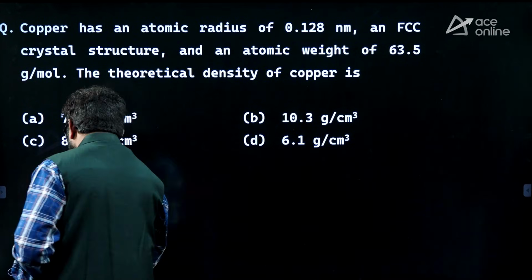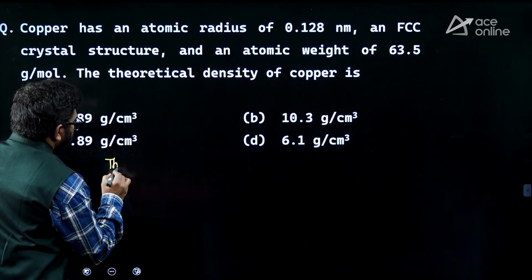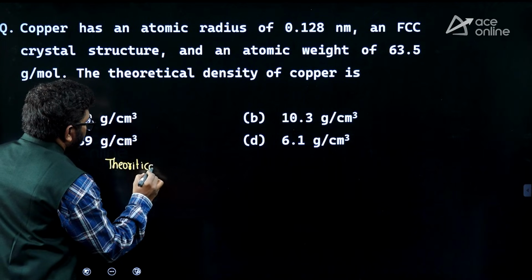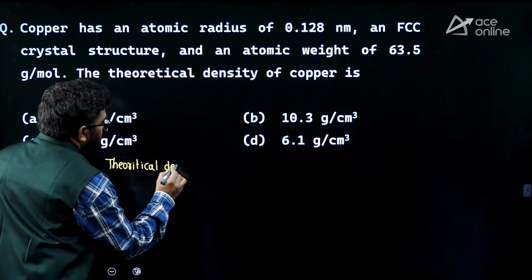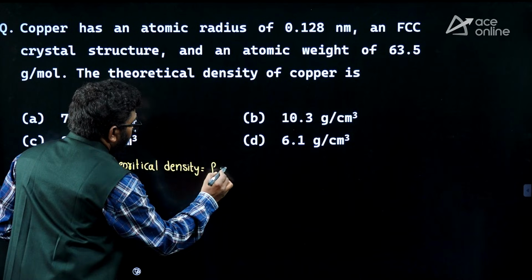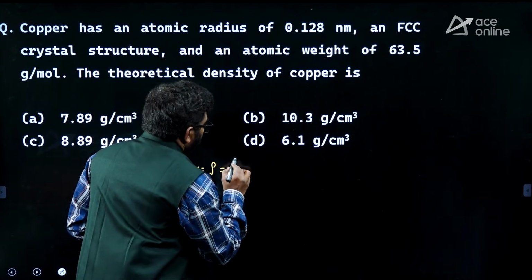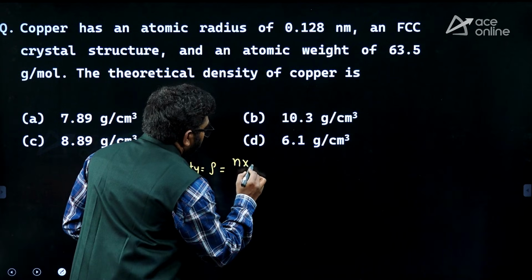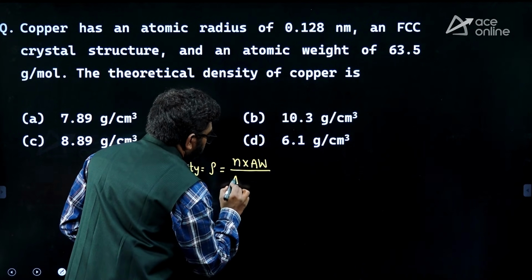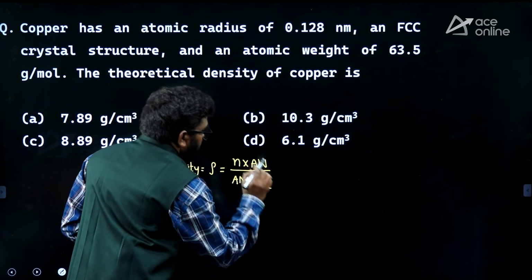So, remember, theoretical density, that is rho, is equal to number of atoms into atomic weight by Avogadro's number into volume of unit cell.